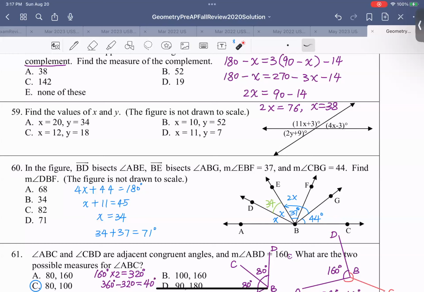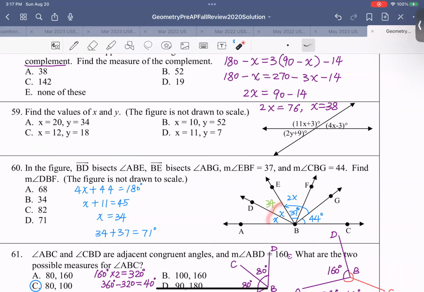And then they give you EBF, CBG. And then they ask you DBF. Well, you really feel dizzy. I feel dizzy too. You are not alone. What do we do? You mark here.